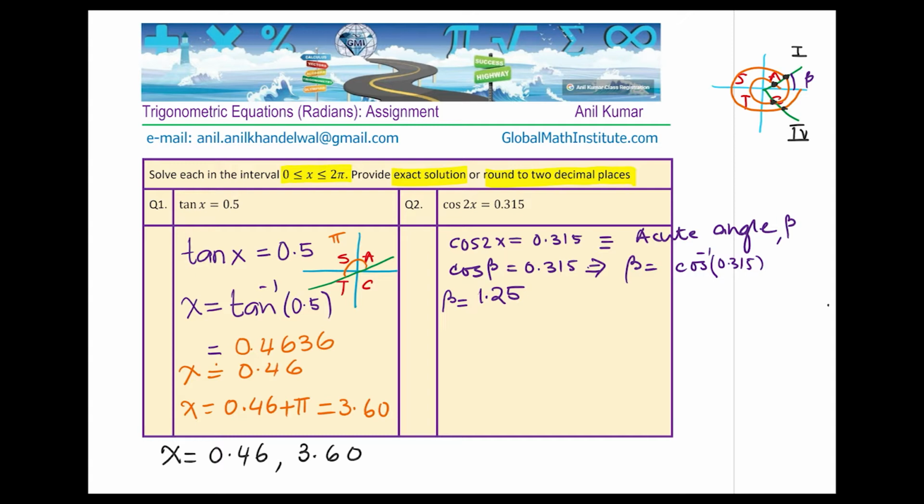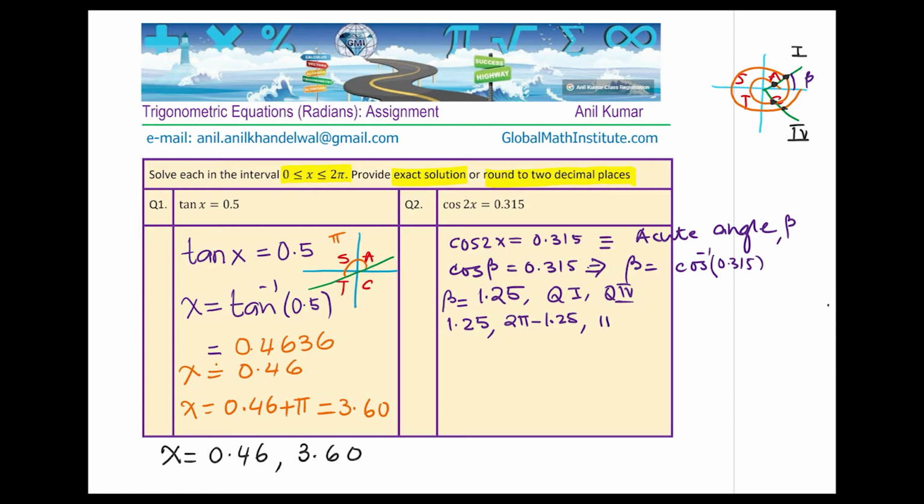Now what are the other angles? We got one of the solutions. Since we are looking for solutions in quadrant 1 and in quadrant 4, we have four of them. So one of them is 1.25. The other one will be 2 pi minus 1.25. And then another 2 pi will be added to both of them.